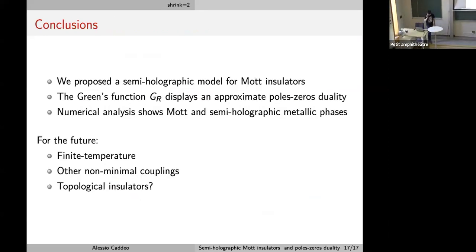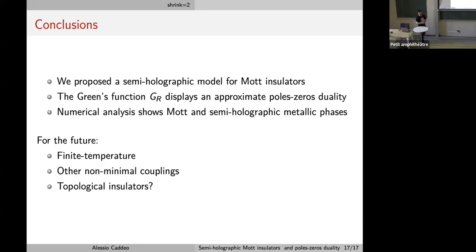Okay, so this brings me to the conclusion. What I tried to show you is that semi-holography can provide a good approach to study Mott physics.